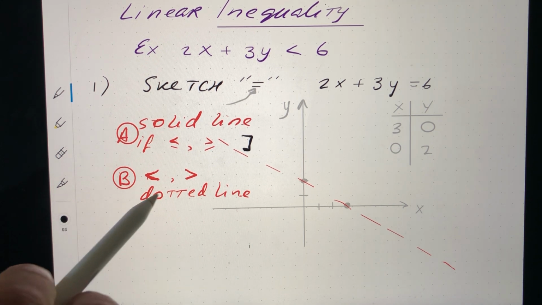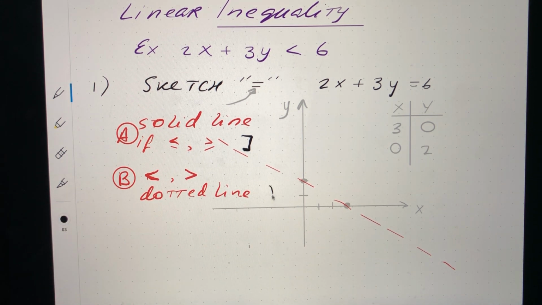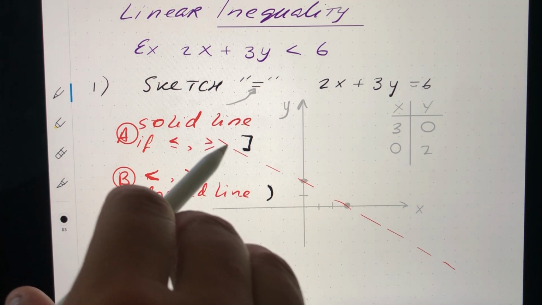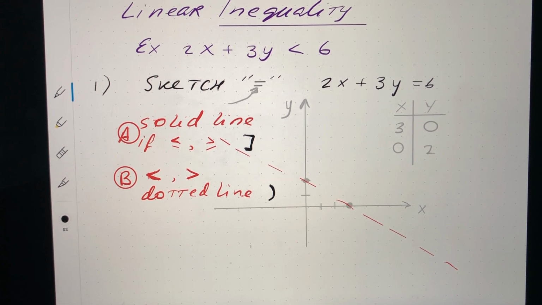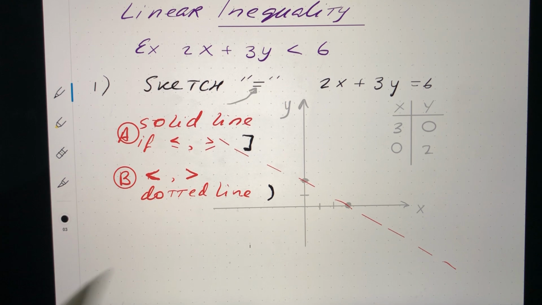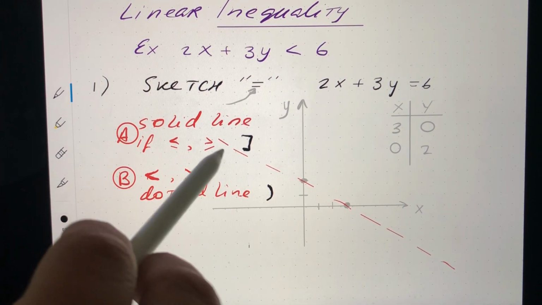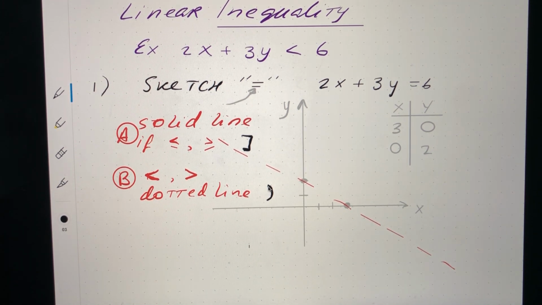The case that we have with the dotted line would correspond to a parenthesis, and just like in one dimension, the parenthesis means, or the dotted line means, we are not including the points on this dotted line. Whereas the bracket would mean a solid line, and that would mean we are including all the points that are on our solid line. So in our solution, we are not including because we have dotted line.